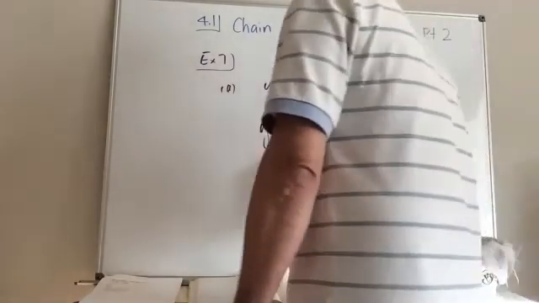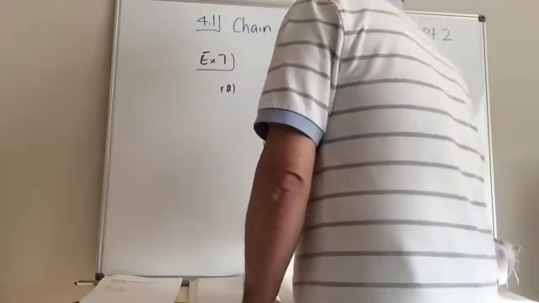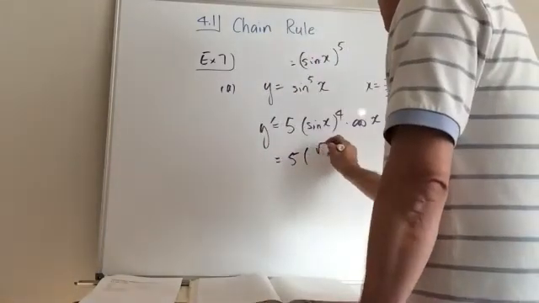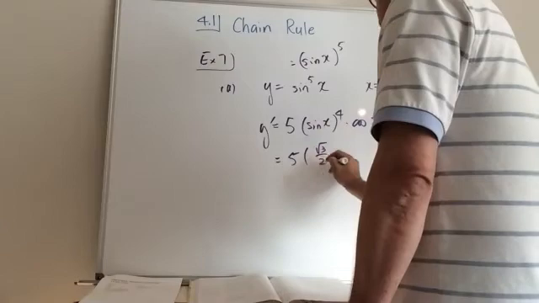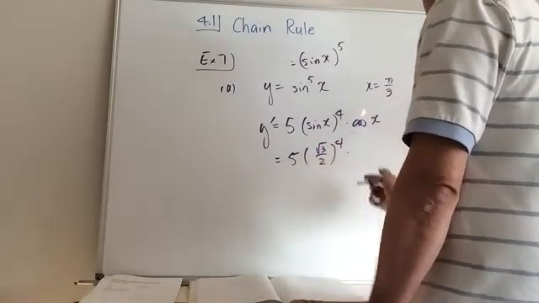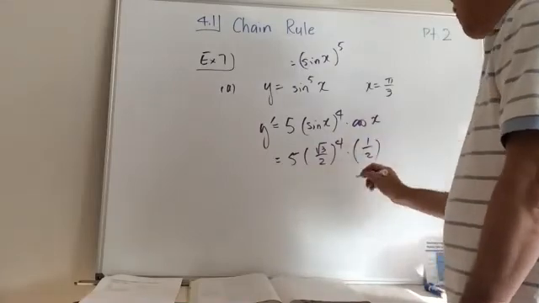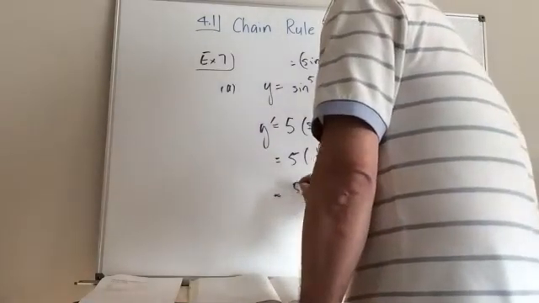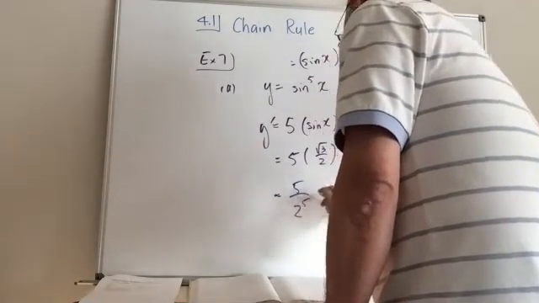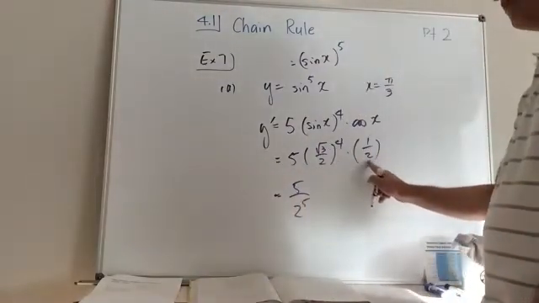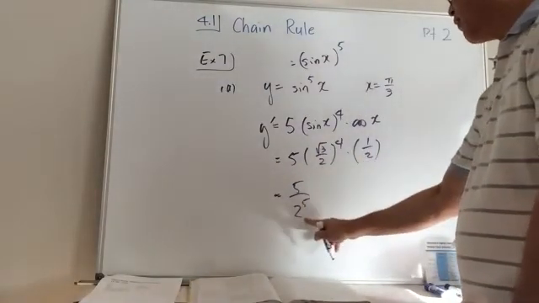Sine pi over 3 is root 3 over 2, to the 4th. Cosine pi over 3 is 1/2. So basically 5, 2 to the 4th, and I have another 2 here, so I can combine that to 2 to the 5th.